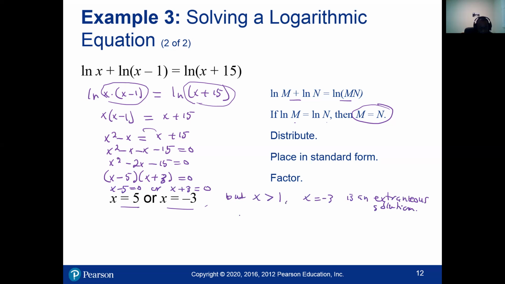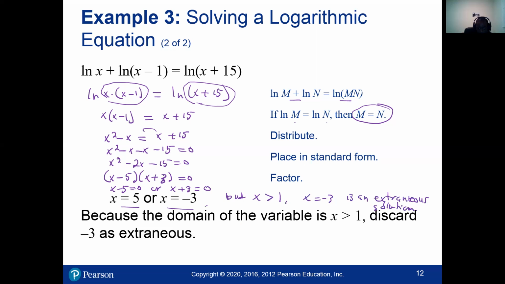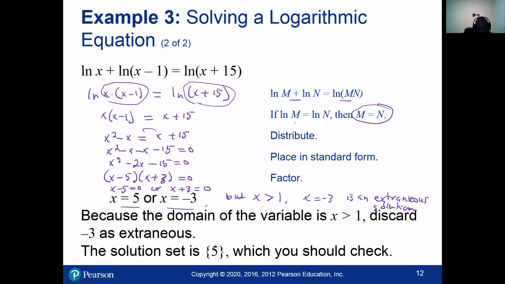And so the only solution set is x is equal to 5. All right. So the solution set is x is equal to 5. Okay. So like we said, we can check, but we don't need to. We can check this and then simplify that and be able to write the solution set. But because we have the domain, it is easier to find the solution set for that.